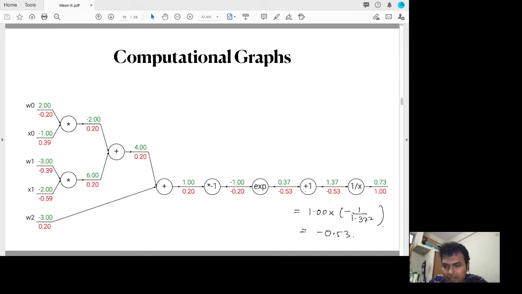I am at the plus 1 block now. At the input of this plus 1 block is minus 0.53, and now I have to give the output of this plus 1 block. The result is shown, it is minus 0.53 only, but why? Plus 1 doesn't vary, that's why.